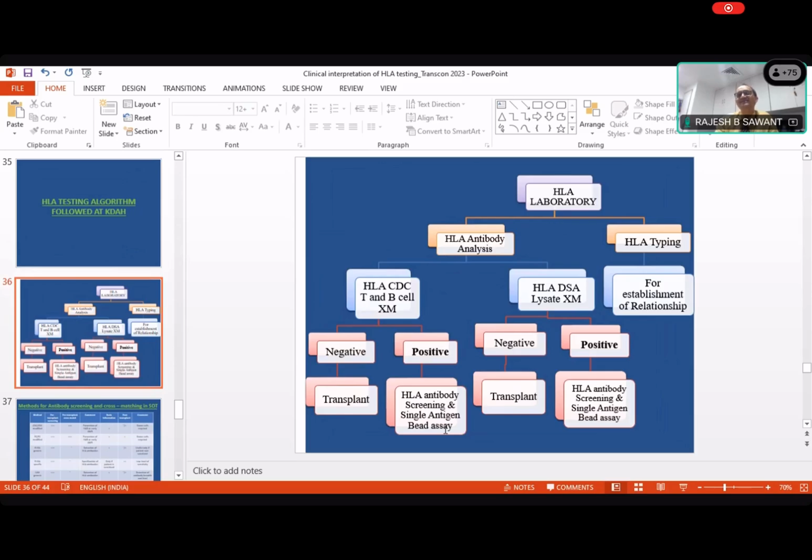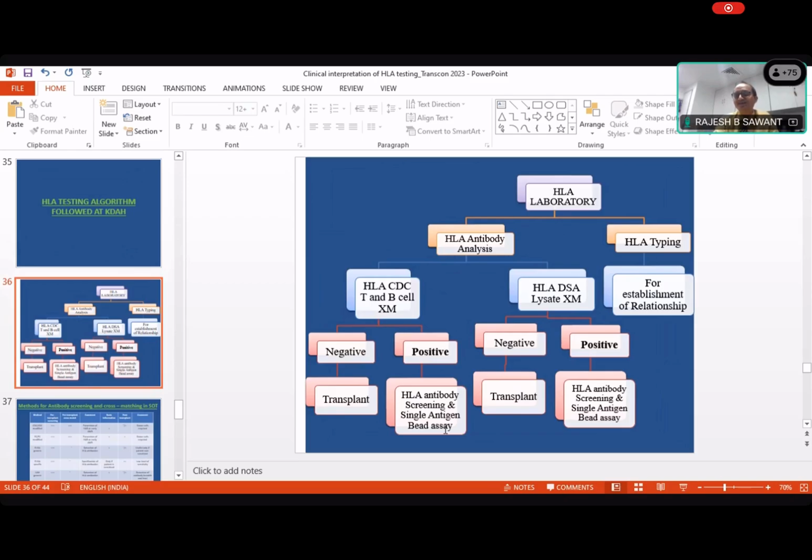So then, even though the antibody is present, it may not be of that clinical significance. But if that B52 is present in the donor, then it is very donor specific and it is going to cause problems. So you start your desensitization and then you repeat your test and look at the effect of your desensitization. If it has occurred properly, then you can go ahead with the transplant.